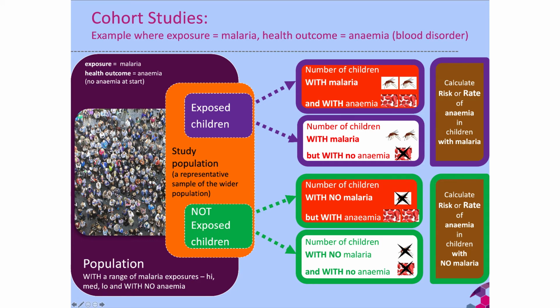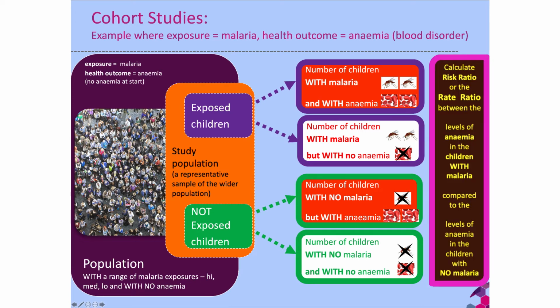And we can do a rate ratio and a risk ratio of that, where we calculate the difference. We divide the risk of anemia in children with malaria compared to the risk of anemia in children with no malaria. And similarly, we could do a rate ratio.